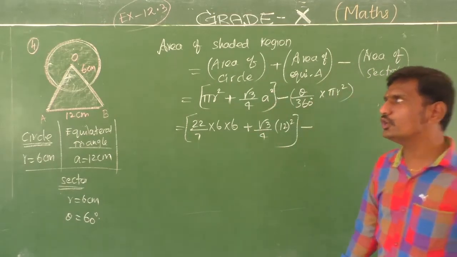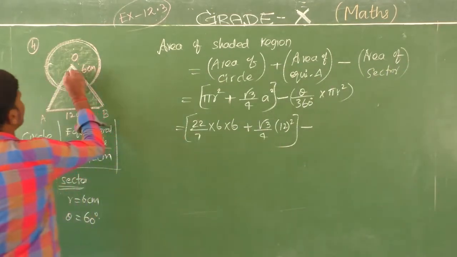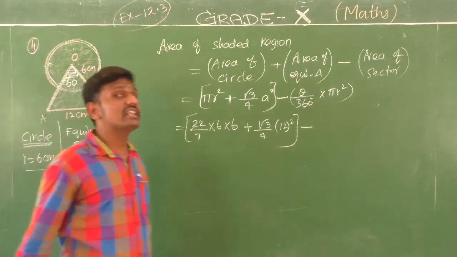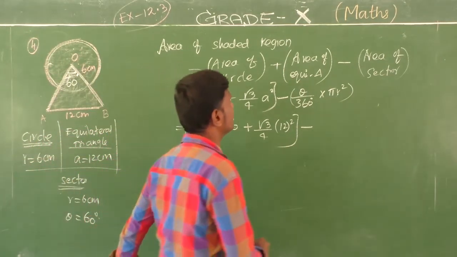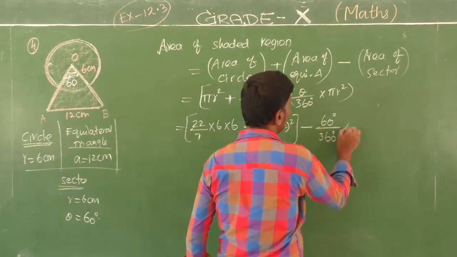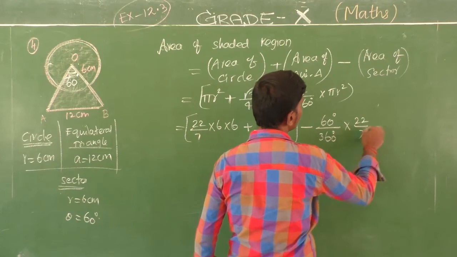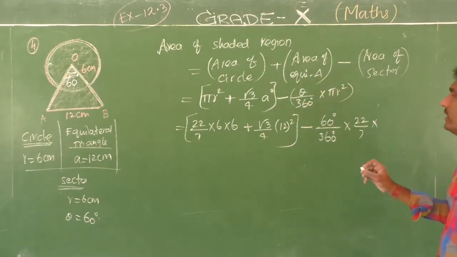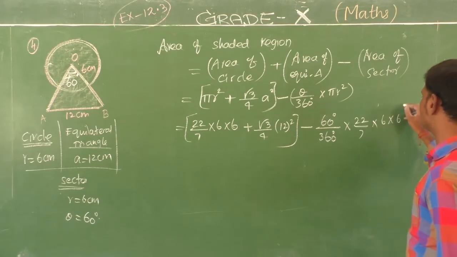I already told you that each angle of the equilateral triangle is 60, so the sector angle is 60 degree. Now 60 degree divided by 360 degree into pi, which is 22/7, and the radius is the same, 6 into 6.